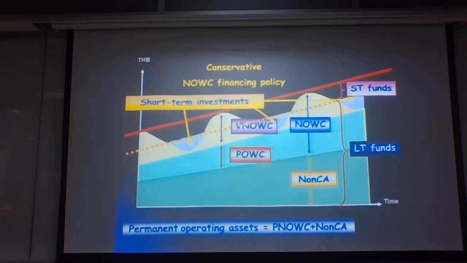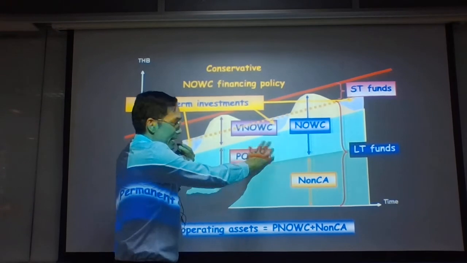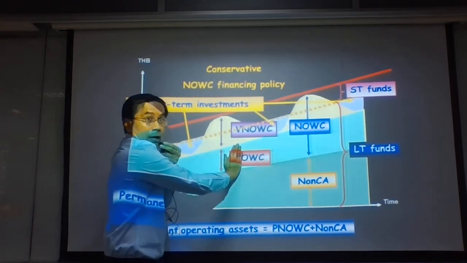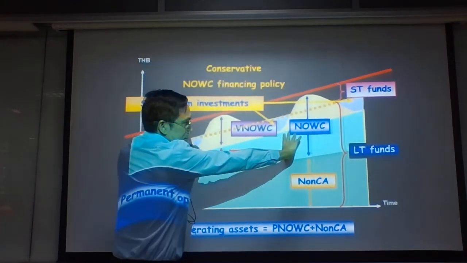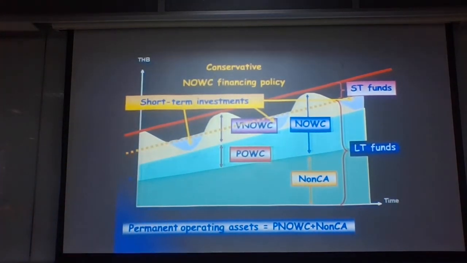And variable net operating working capital is short-term, both by name and by its behavior, right? But for permanent net operating working capital, by name, it is short-term. By nature, it is not. It is long-term. That's why we classify this part as permanent operating asset, okay?